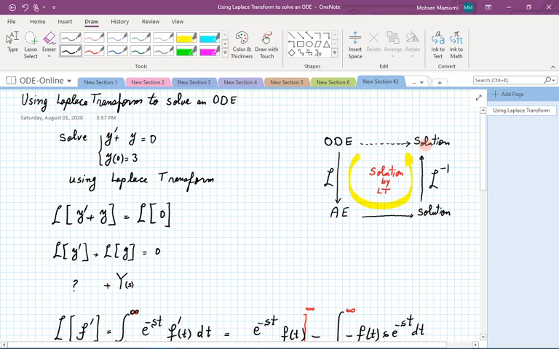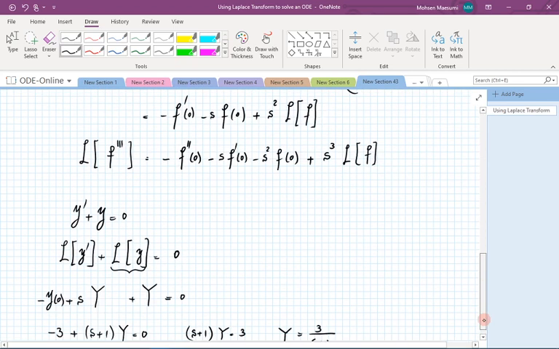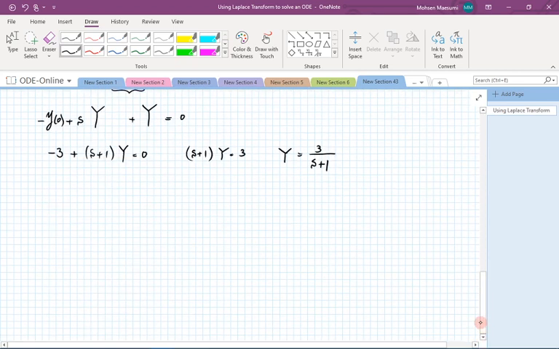Now we have to take the inverse Laplace transform, meaning the kind of exercises we had seen before. If I have Y as a function of s being 3 over s plus 1, then I transfer back to the time domain. I say, what was the original function little y of t, whose Laplace transform is this?